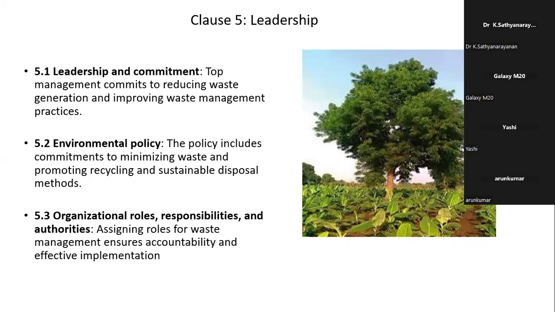So, environmental policy. I just want to hear your reflection. In your industry, hope you have your ISO 14001 or ISO 45001. Is it required to revise the policy every year, or is it required to revise the policy for 2024? Any reflection on this aspect?